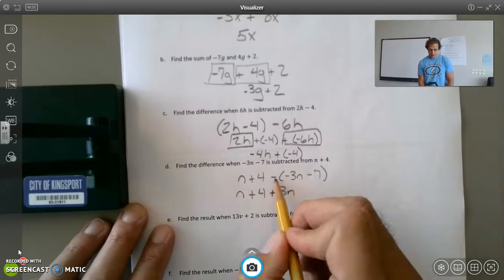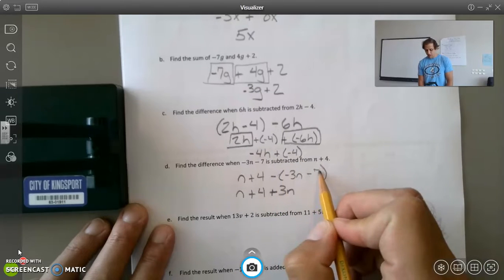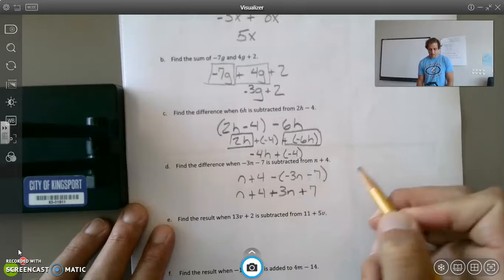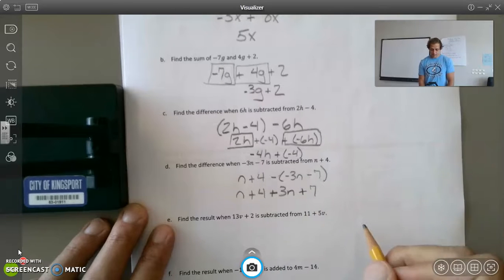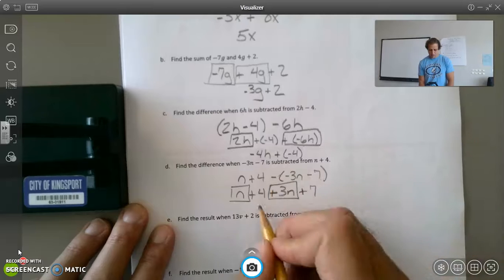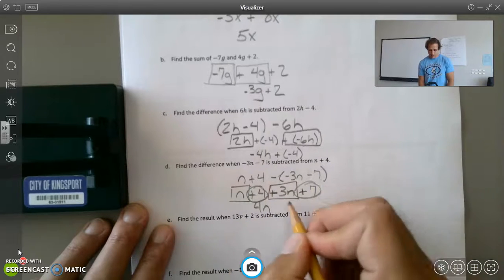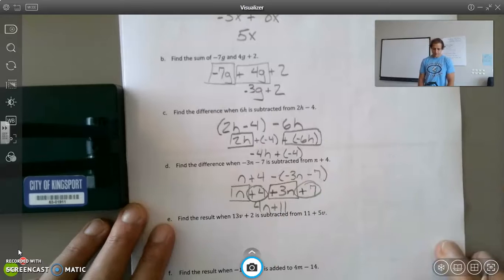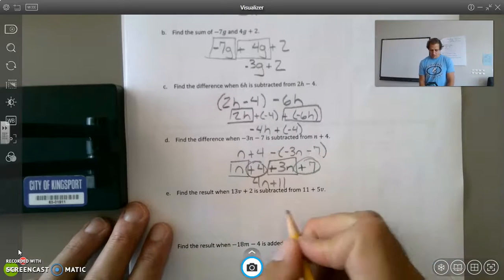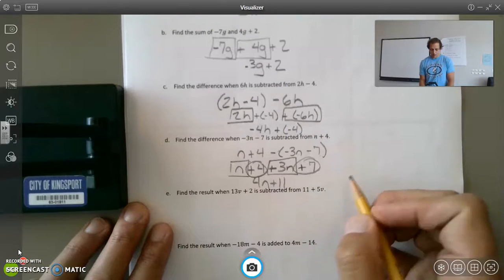I can change this to adding the opposite of 7, which is going to be plus 7. Now I have like terms. N and plus 3n makes 4n. 4 and 7 makes 11. 4n plus 11.